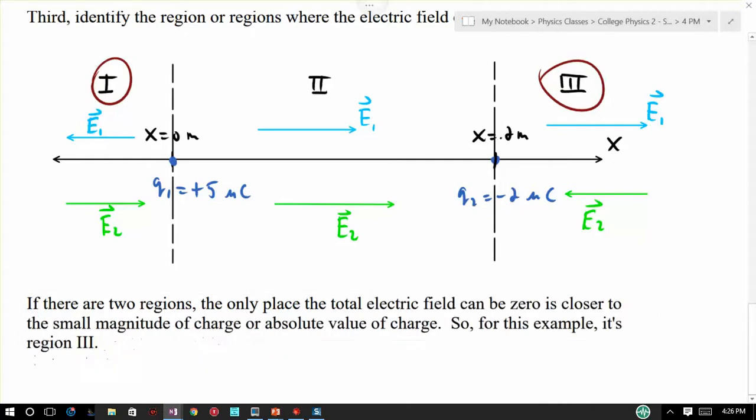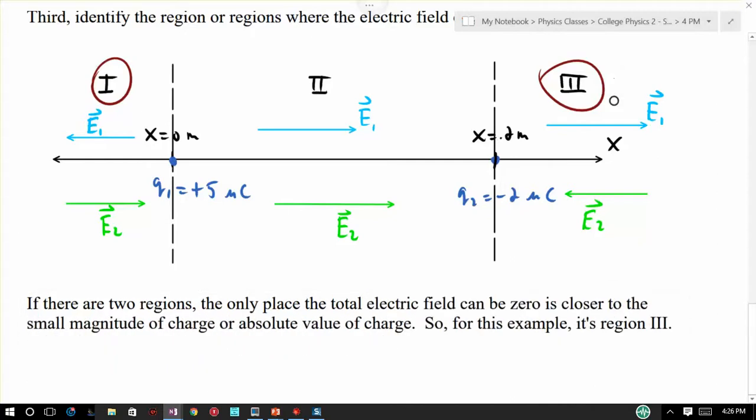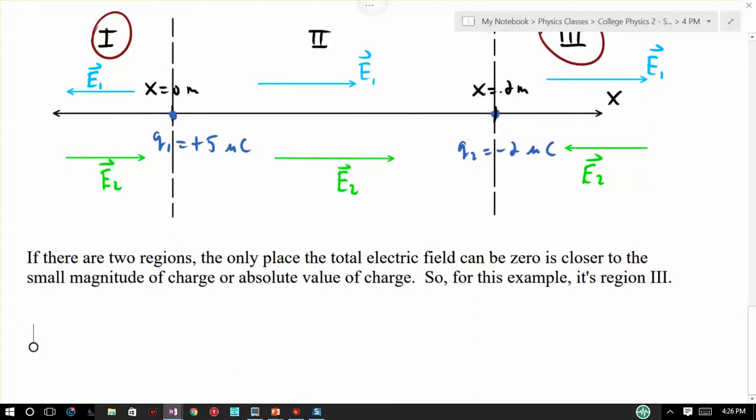Okay, so we established that it has to be somewhere in region 3, right? So now we're going to actually finish the problem and do the math in the 4th step. So the 4th step is this.